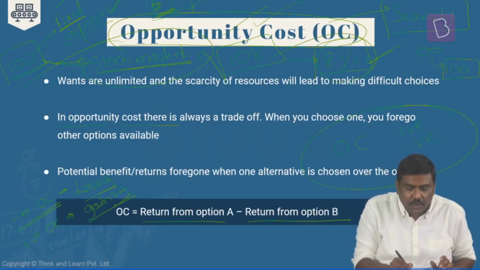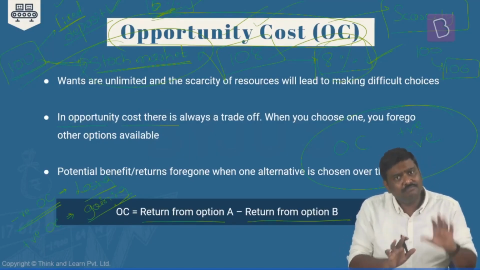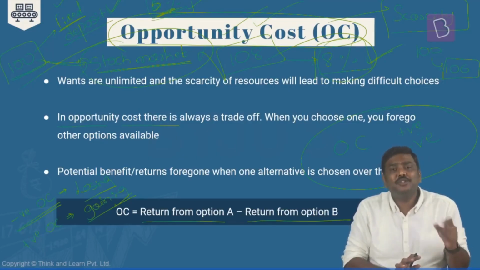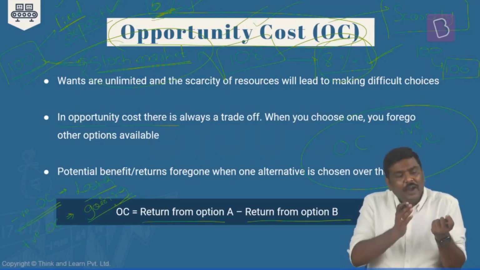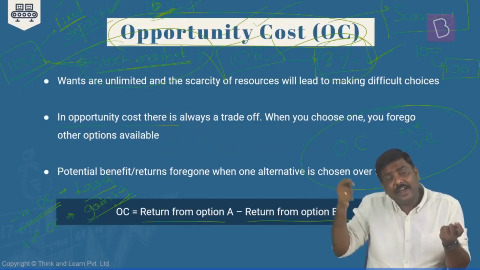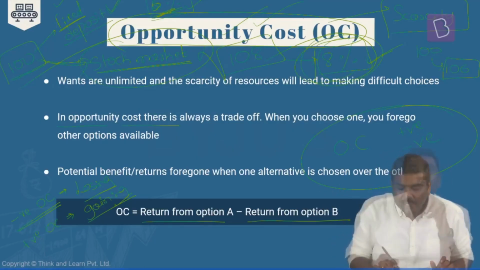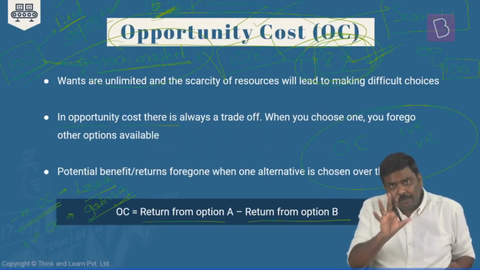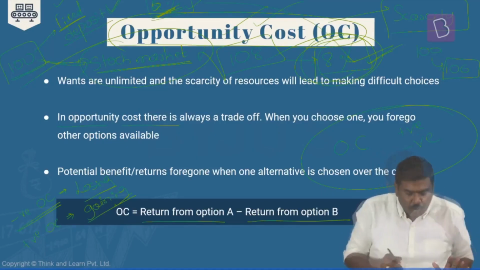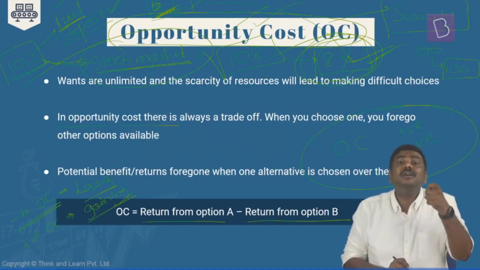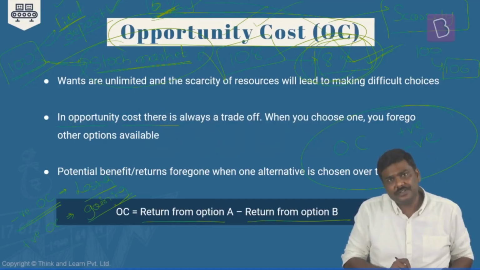So by investing in FD, you earned 6%, good. But by choosing FD, you have foregone a decision wherein you could have earned an extra amount, right? That is, you could have earned 8% or 8 rupees. But instead of that, you decided to invest in FD and you earned 6% rate of interest.